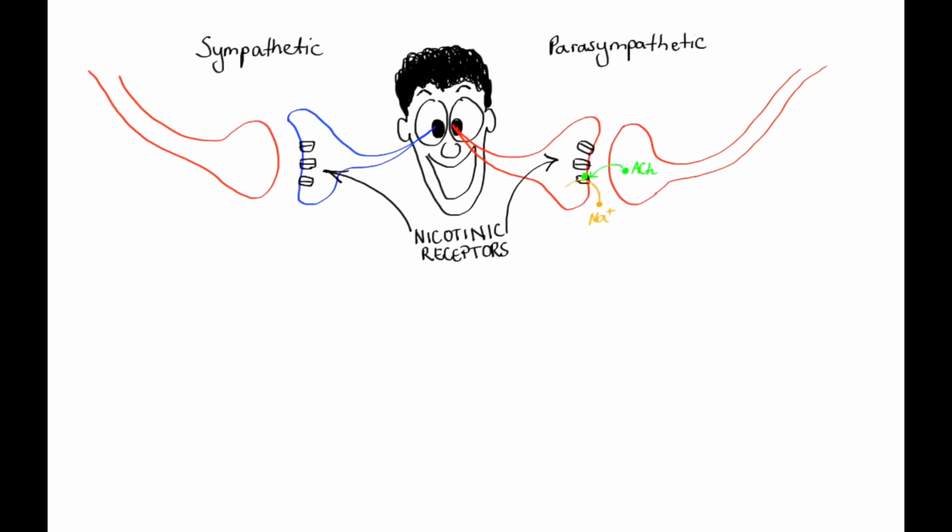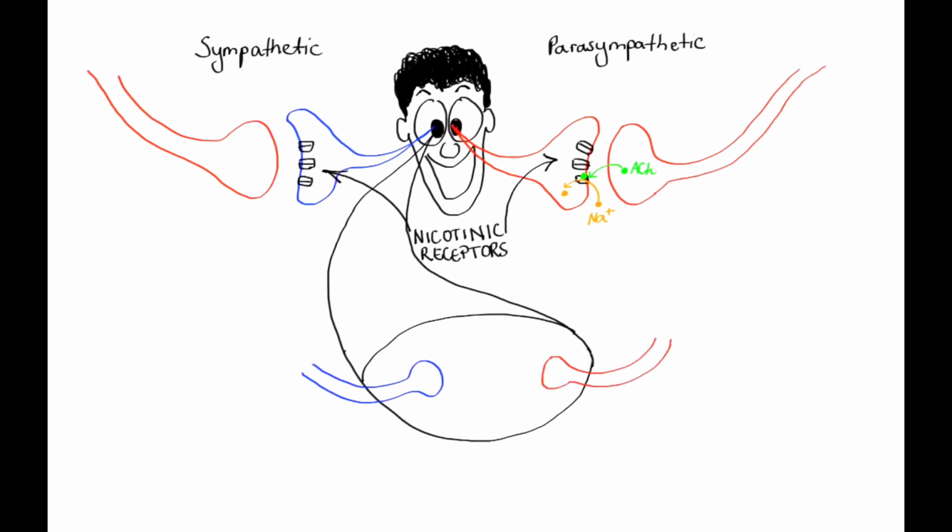And just to clarify, the adrenal medulla is the only autonomic neuroeffector organ which is innervated by one long sympathetic cholinergic neuron. On the other side, we have the parasympathetic nervous system, which is responsible for the rest and digest response. Parasympathetic neurons arise from cranial nerves 3, 7, 9, and 10, and the sacral region S2 to S4.